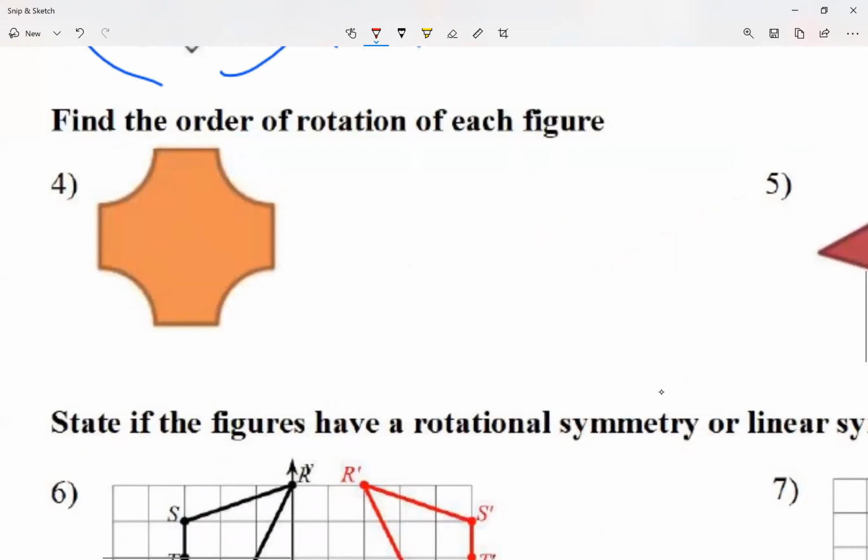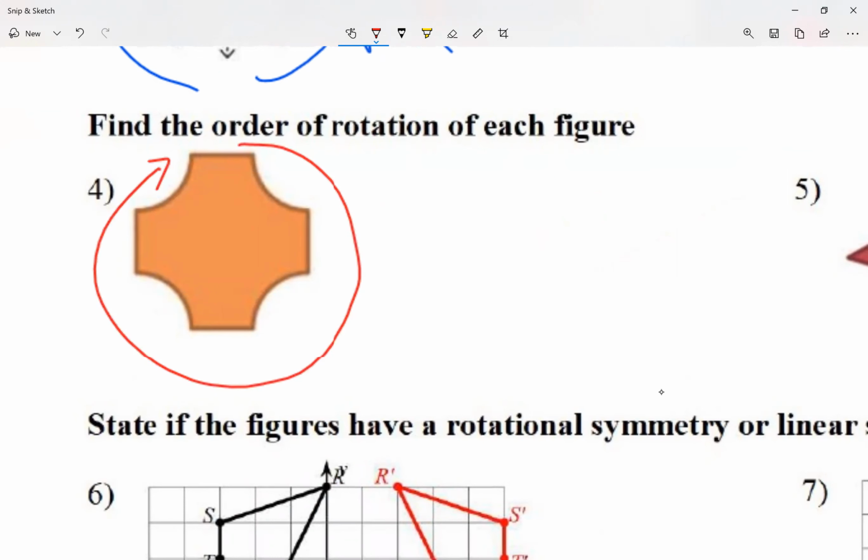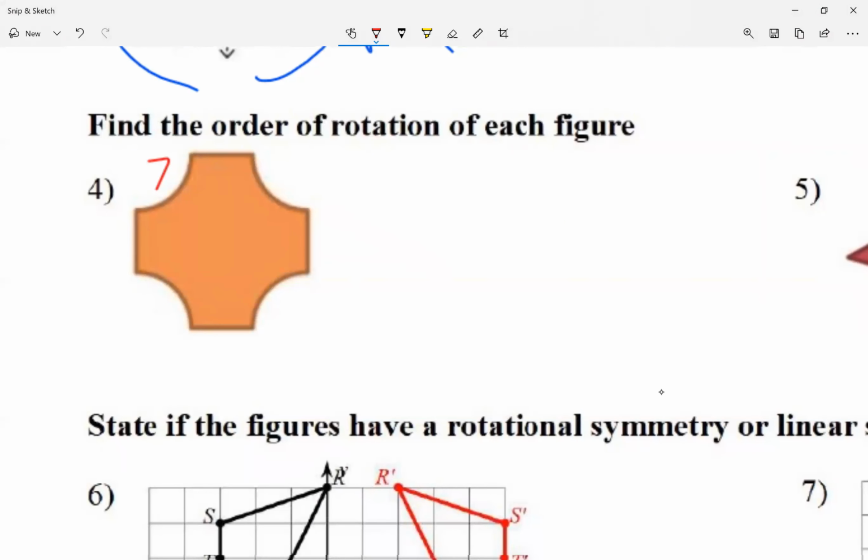Now find the order of rotation. All right, if you were to grab it and, like I said, rotate it around, how many times will you get the same picture? Let me erase this real quick. If I was to rotate it, I think I rotated 90 degrees here. I get one time.